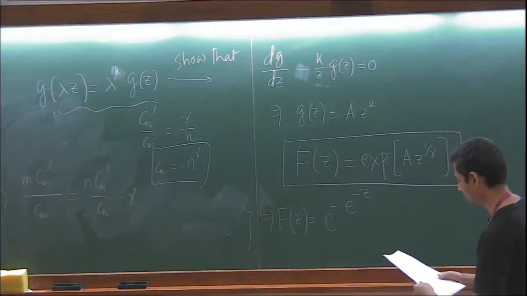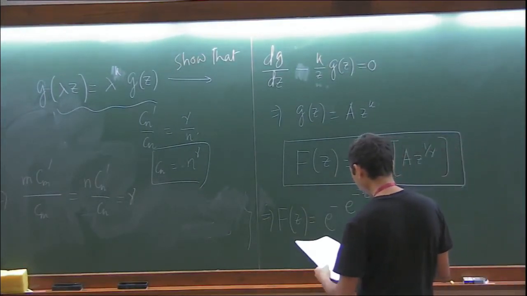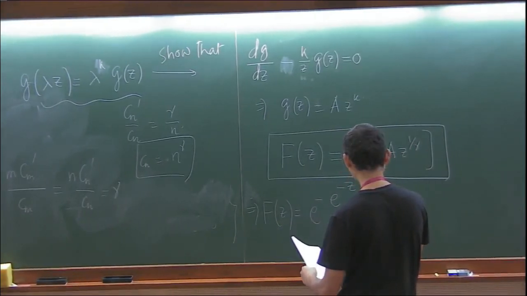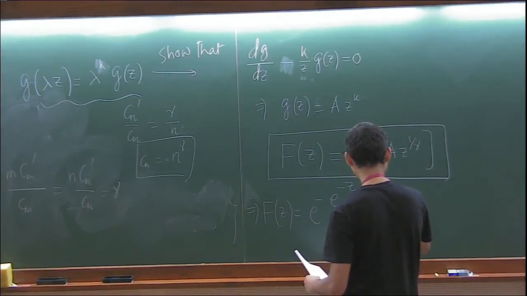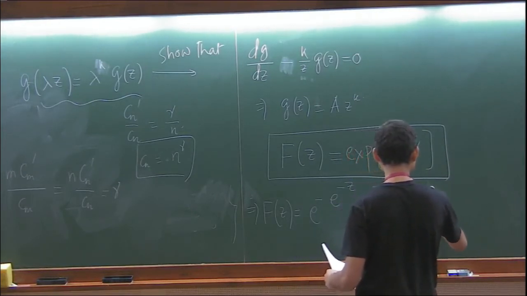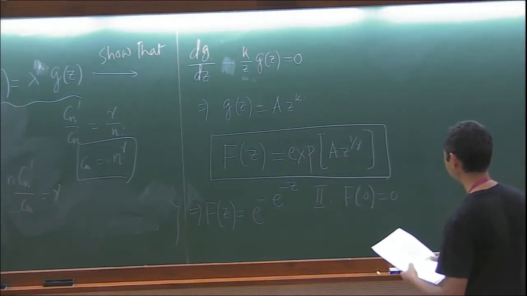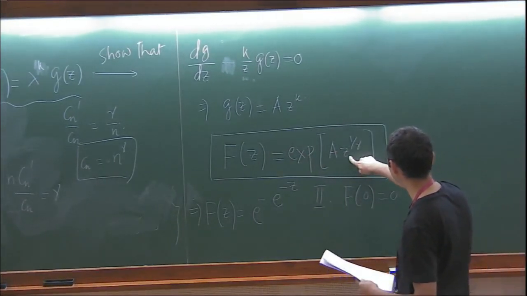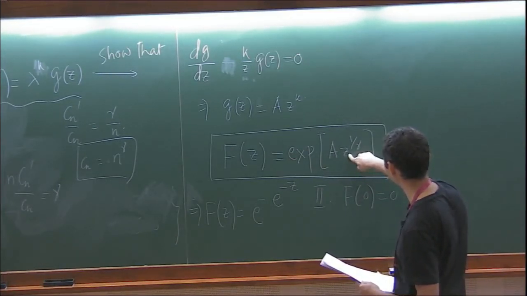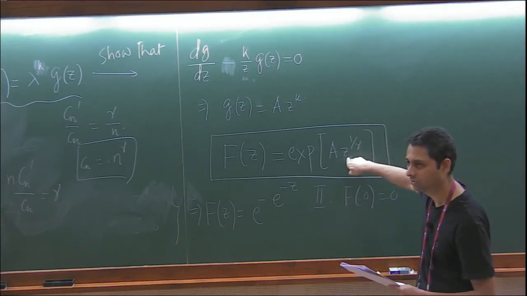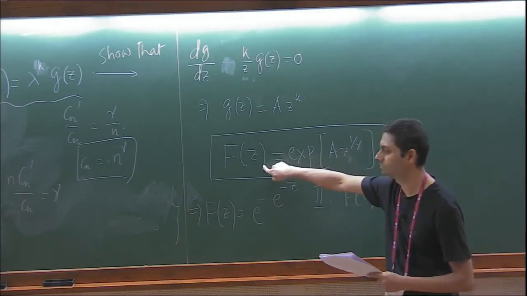So what are these boundary conditions? If f(0) is 0, then what kind of function should you have? If gamma is positive, it's going to go to 0, so this is going to become 1.